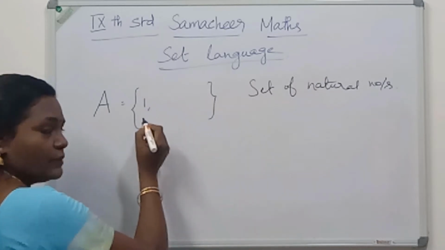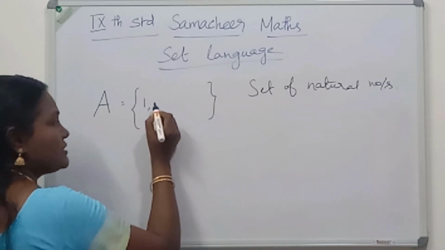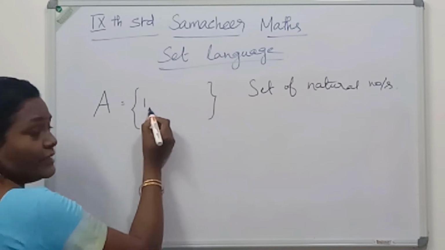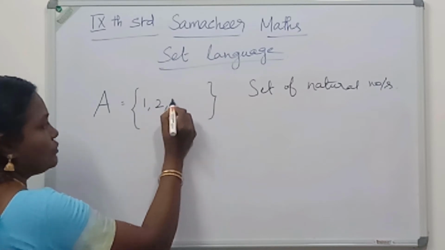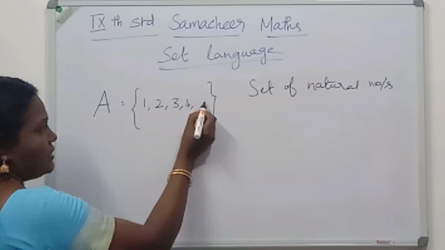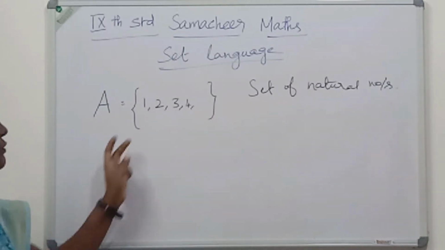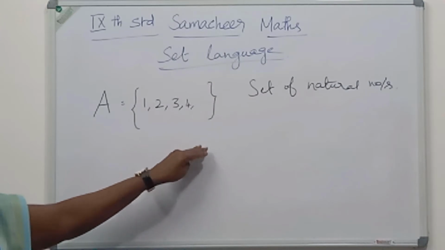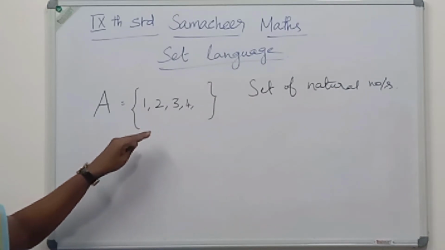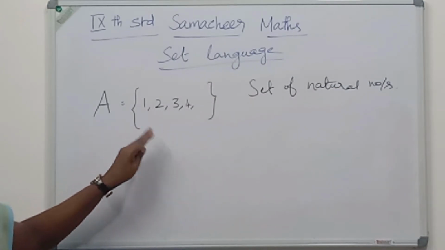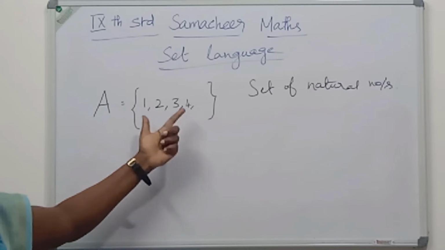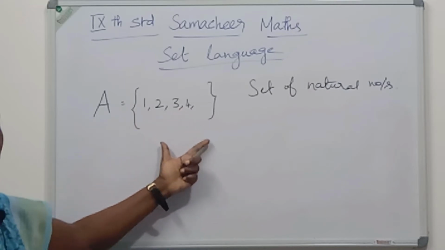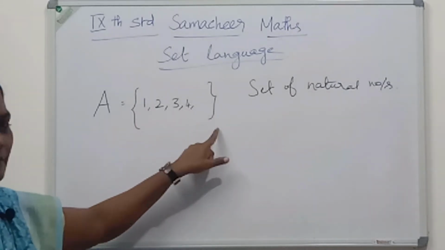Every element of the set is written inside the curly brackets, separated by commas, like 1, 2, 3, 4, etc. Because it is an infinite set, it goes on to infinity. Like this we represent a set in the mathematical way: give it a name using an English capital letter, and write the elements inside curly brackets. This is called set notation.